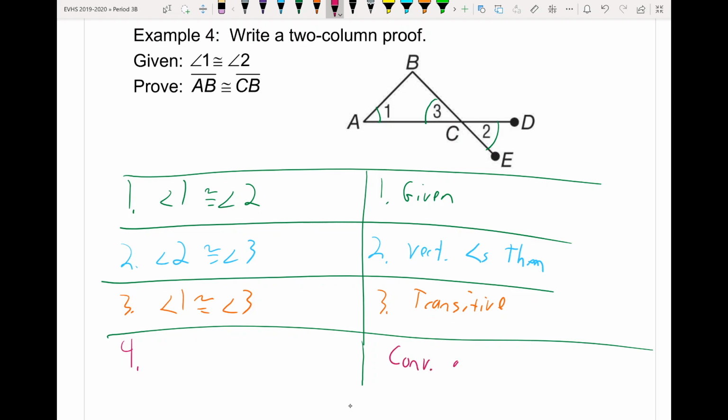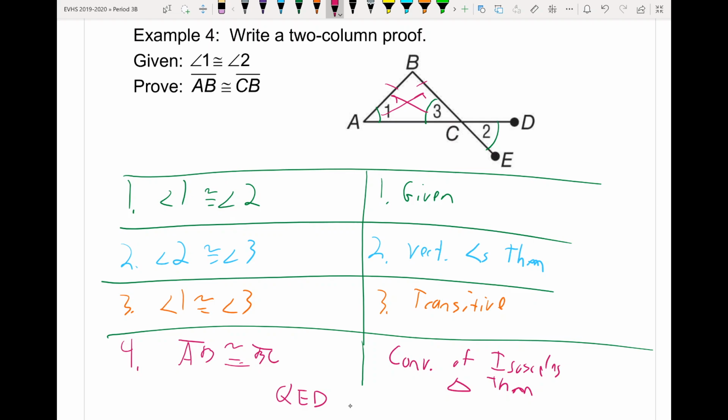Okay, I got the converse of the Isosceles Triangle theorem. And what's that going to tell me? Okay, because we got our congruent angles, it means the opposite sides are congruent. So AB is congruent to BC. We got our QED, but apparently we don't know our own names yet.